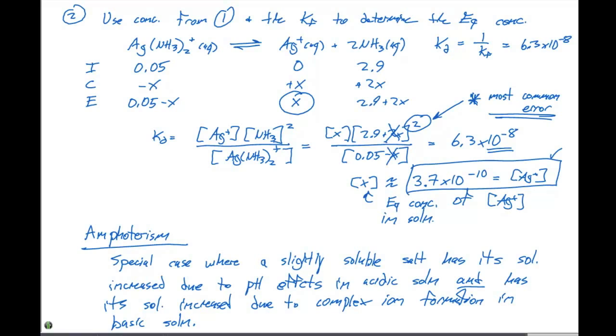So if we look at the effects of the solubility, remember we gave you a little graph that looks something like this, where if we plot solubility on the y-axis and the pH on the x-axis, for a non-amphoteric salt, we generally see that as we increase the pH, the solubility is going to decrease.